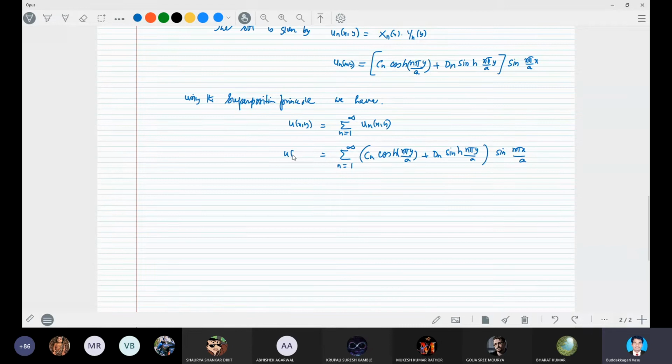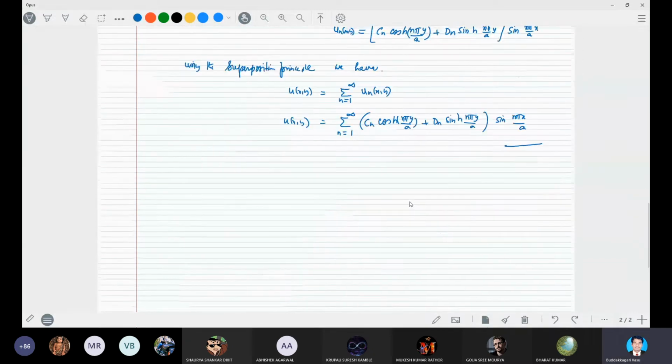This is u(x, y), the required solution, but it includes two arbitrary constants c_n and d_n, right?